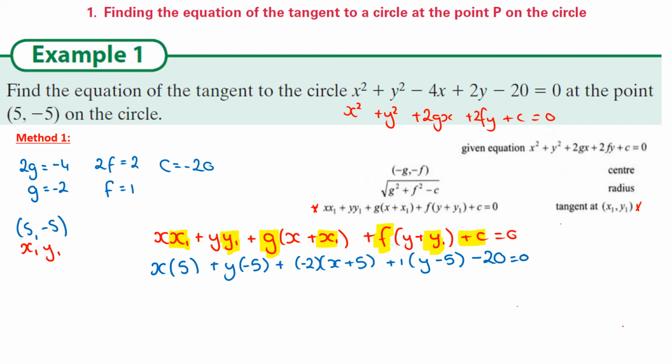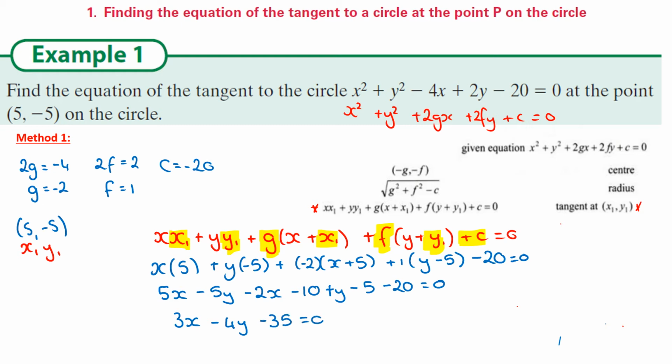And now we do a bit of cleanup. 5x minus 5y minus 2x minus 10 plus y minus 5 minus 20 equals 0. You want to add our like terms, so we have 3x minus 4y, and then we have minus 35 equals 0, and that's the equation of our tangent.